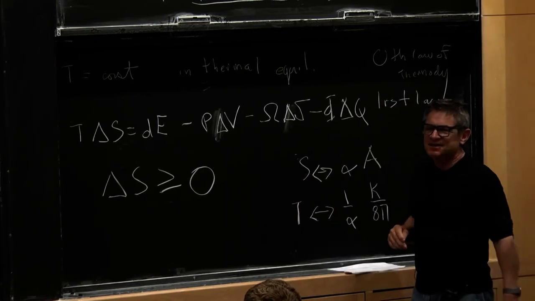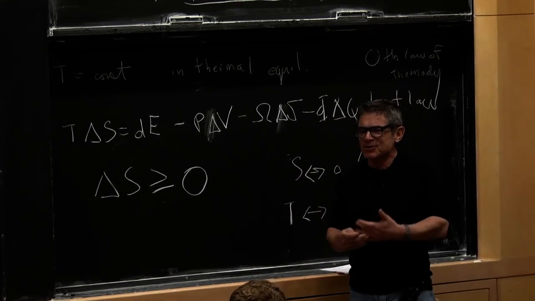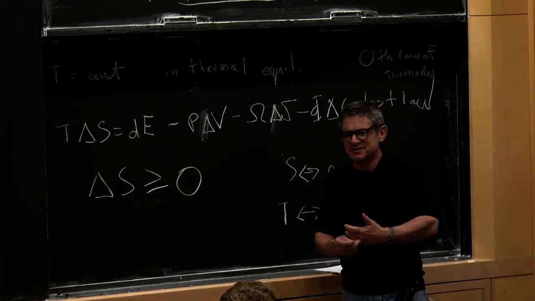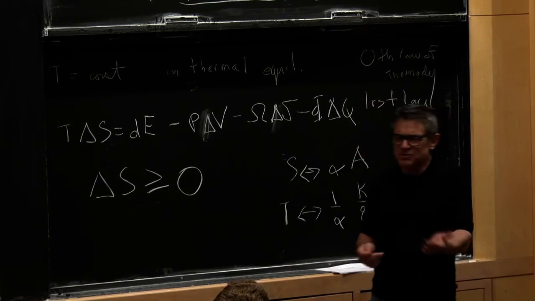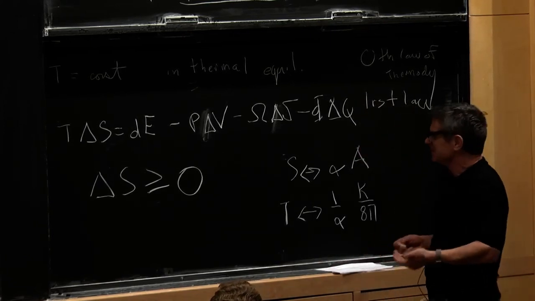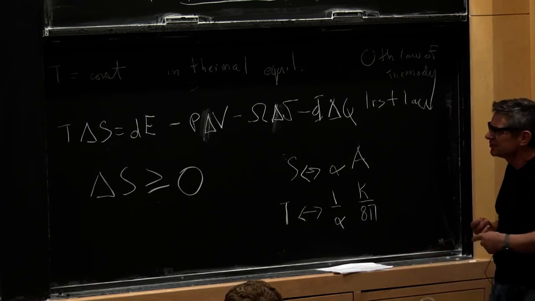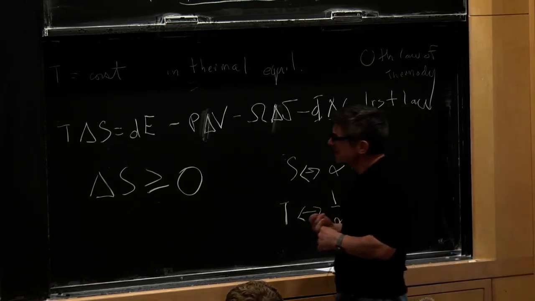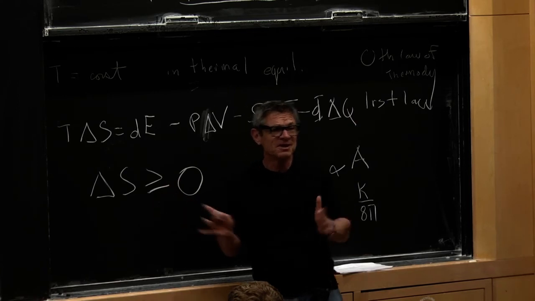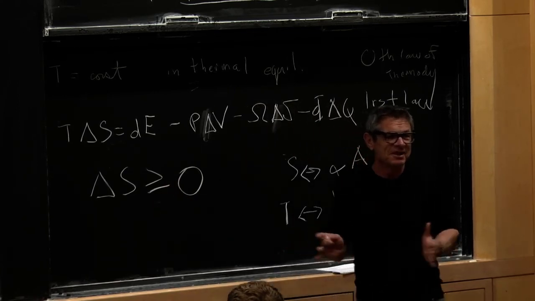And we think of it as the logarithm of the number of, you can introduce units of entropy, but it's naturally thought of in statistical mechanics as the logarithm of the number of microstates, which is just a dimensionless number.